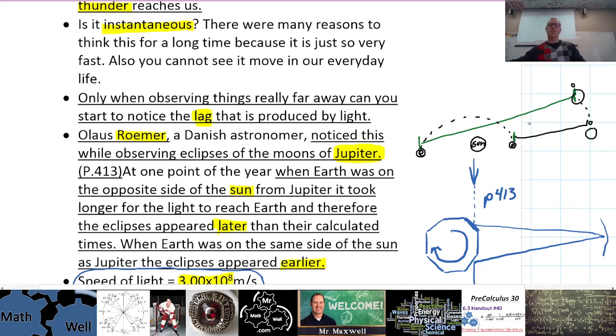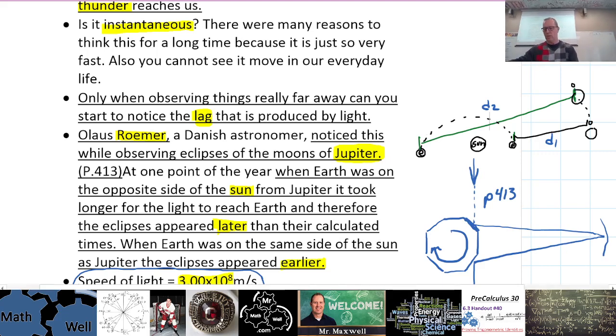So to account for the difference in distance between Jupiter, distance 1, distance 2, what was the only factor that was different? Well, it was the light that was coming to us from Jupiter to be able to observe this. There was no indication that the moon actually slowed down or sped up at different times of the year when we were on different sides of the sun, so it had to have been the light.